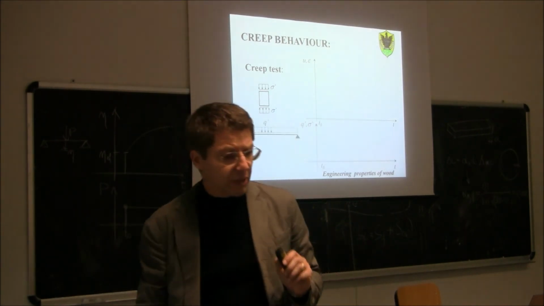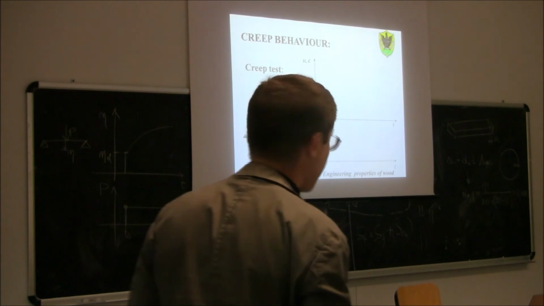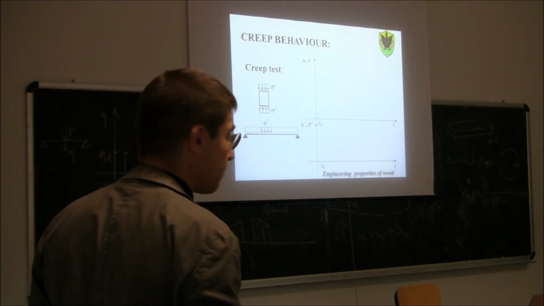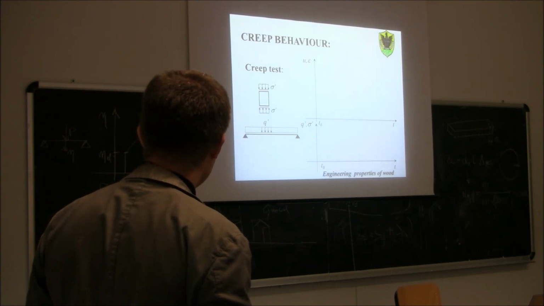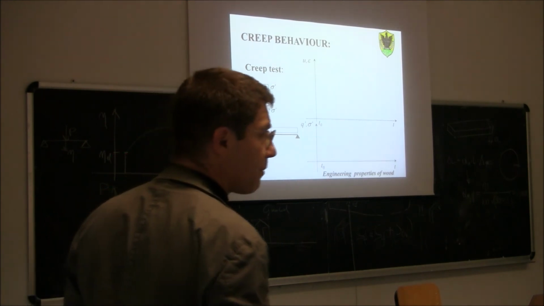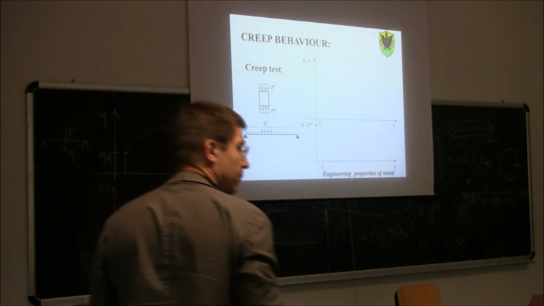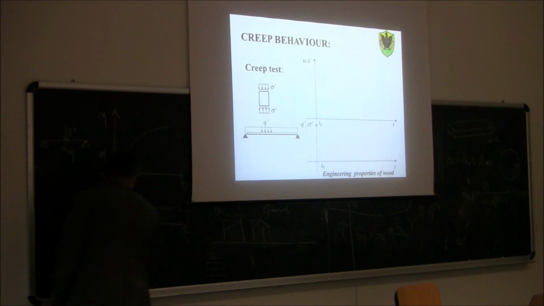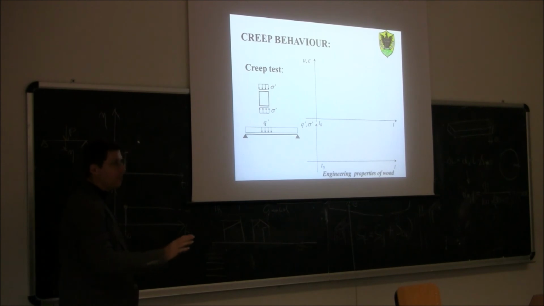This one is not a stress-deformation relationship. This is deflection versus time. So the load is kept constant over time. How can I expect the deflection to change over time for a steel beam? Constant. Why? Because steel is elastoplastic, a plastic material, not a viscous material.